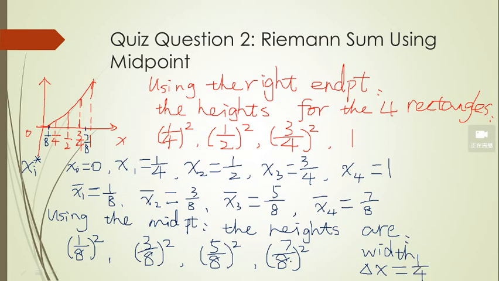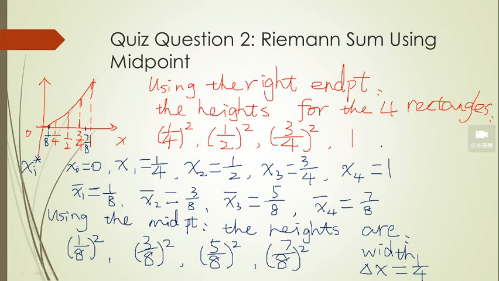So M4 will be this height times 1/4 plus this height times 1/4 plus this one times 1/4 and so on. That is the Riemann sum using the midpoint. It's very similar to our topic, we just have different choices of the sample point besides the left endpoint and the right endpoint.